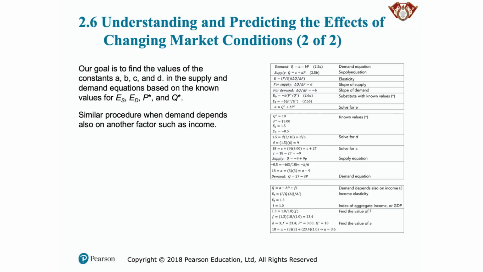Right? That is explained here. Our goal is to find the values of the constants A, B, C, D in the supply and demand equations based on the known values for this one and this one. Similar procedures apply when demand depends also on another factor such as income. So it is explained like this, right?